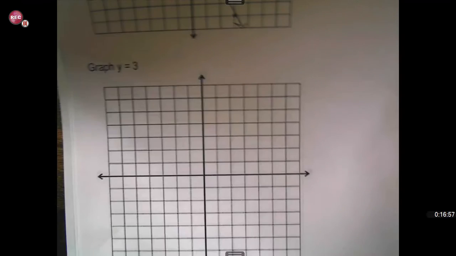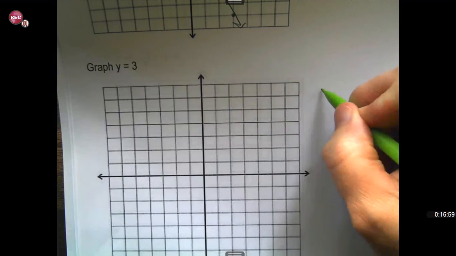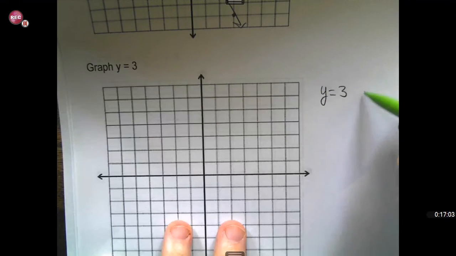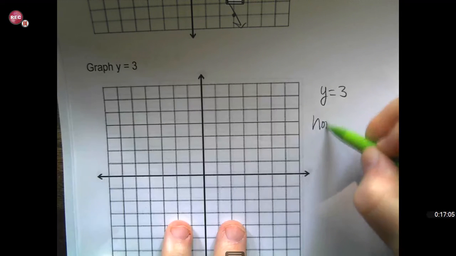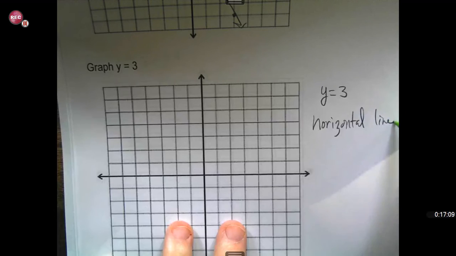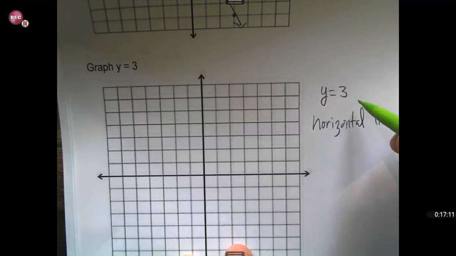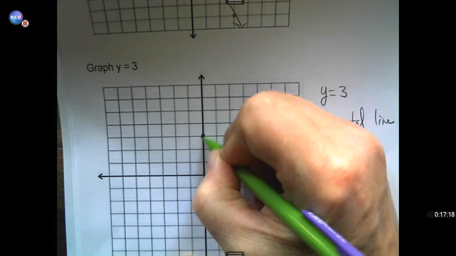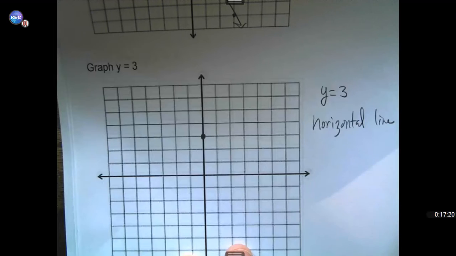Then, for some reason, we make these difficult as well. Y equals 3. You remember when I talked about it, this is a horizontal line. And it's a horizontal line going through 3 on the y-axis. So where does y equal 3? Y equals 3 right here. Where else does y equal 3?